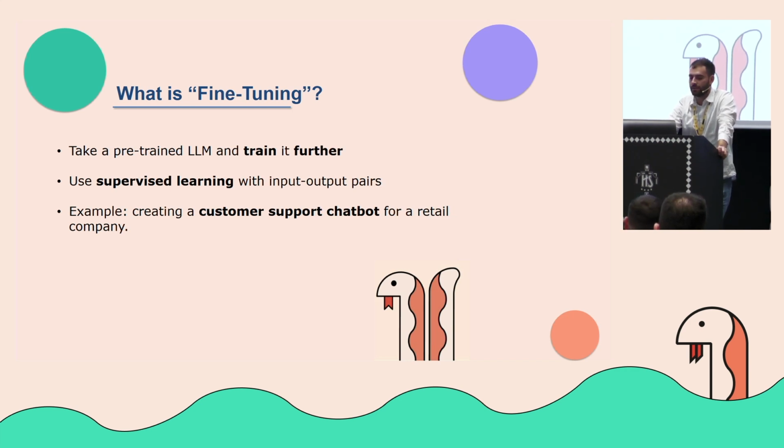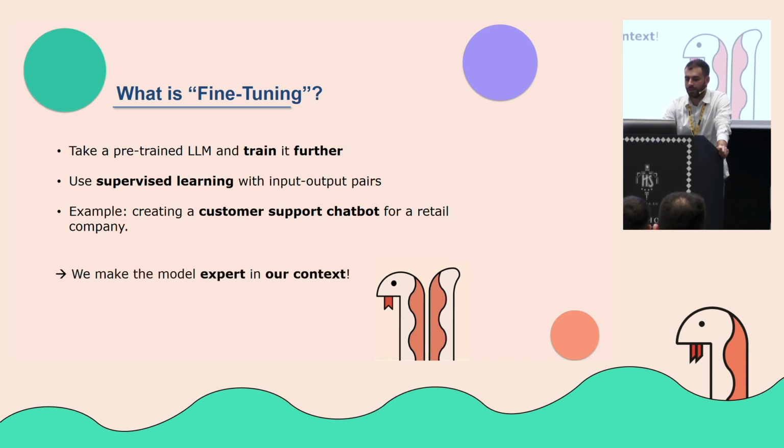In this case, we will provide some logs between the end user and how our employee would answer these issues, such that in the end, our chatbot will behave as our best employee would do. So in the end, it is about making the model expert in our specific context.